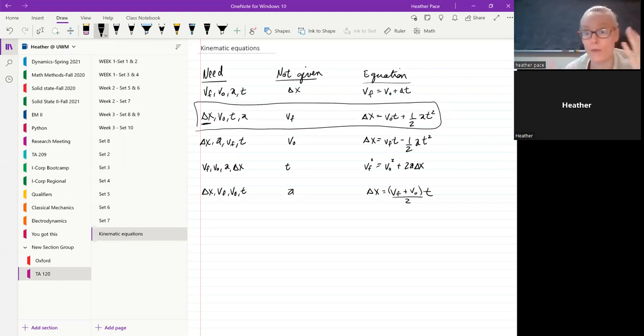We've been given delta x, we've been given VI, we've been given t, or we solved for a. So any of these are going to work for us. We're just going to choose whichever one seems easiest. This one seems pretty easy here. So let's use that one.